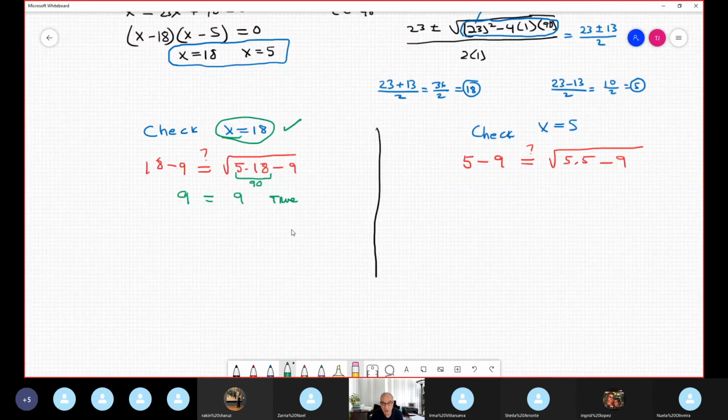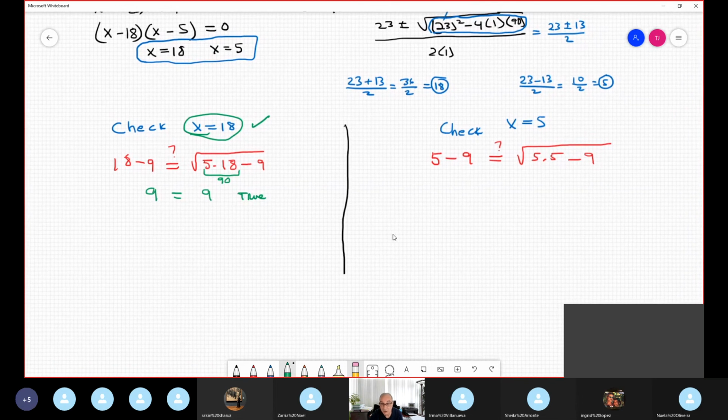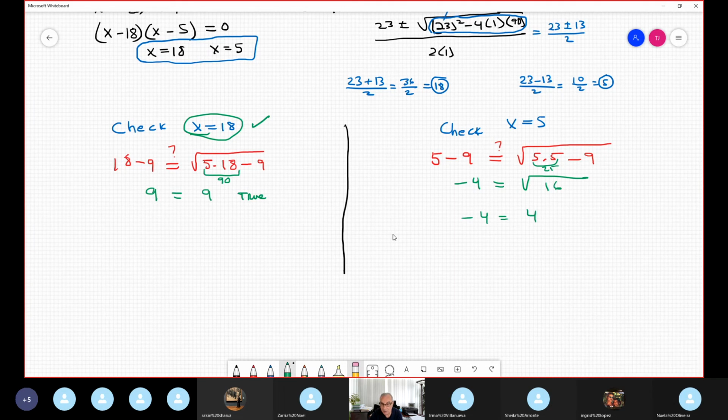However, let's see what happened with the other one. No, because it's negative 4 here. Look. Here, 5 times 5 is 25. 25 minus 9 is 16. And square root of 16 is positive 4, not negative 4. You always take the principal root. Remember, when you take out a square root, you always put plus or minus, but that is a special case when you apply the square root method.